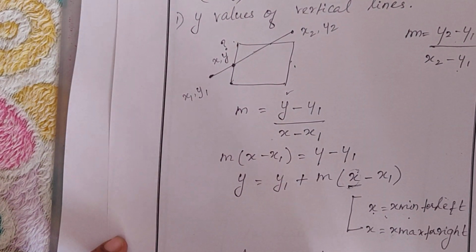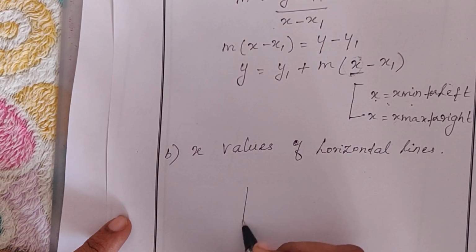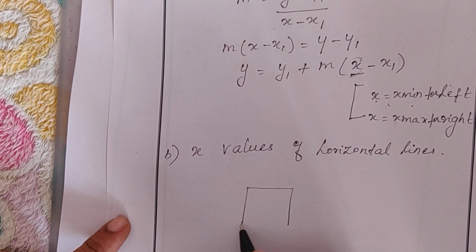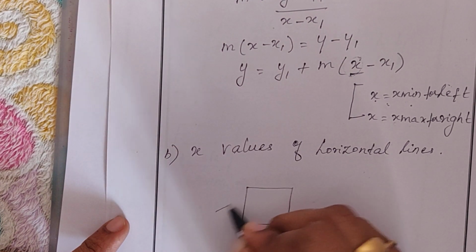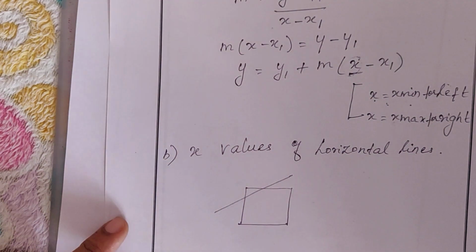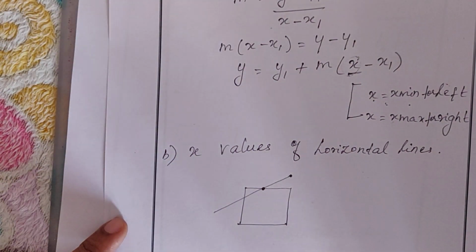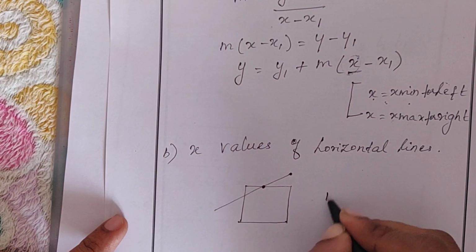I'll draw the diagram like this. So how to find this m?